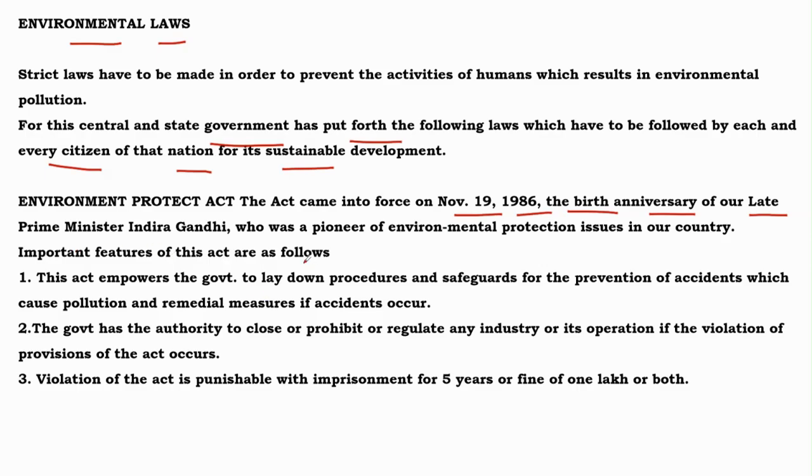Important features of this act: it empowered the government to lay down procedures and safeguards for the prevention of accidents which cause pollution, and remedial measures if an accident occurs. The government has the authority to close, prohibit, or regulate any industry or its operation if a violation of a provision of this act occurs. Violation of the act is punishable with imprisonment for 5 years or a fine of 1 lakh or both.